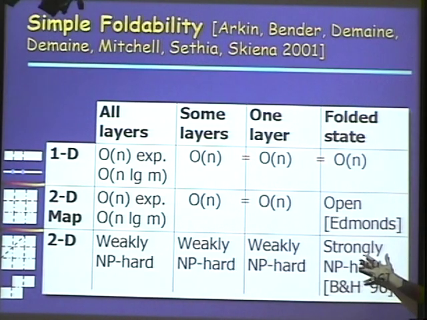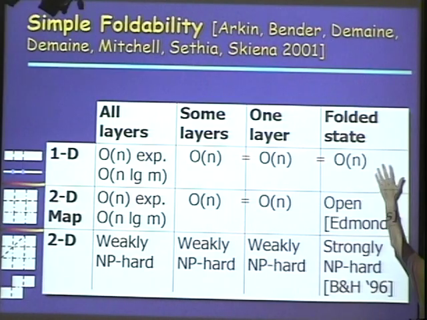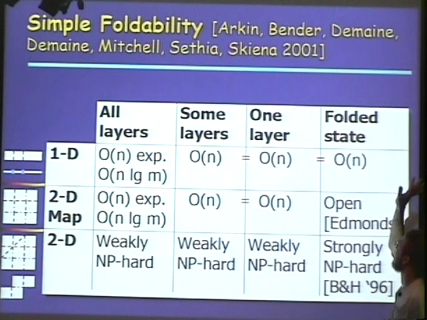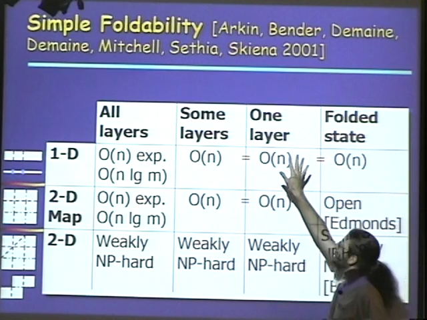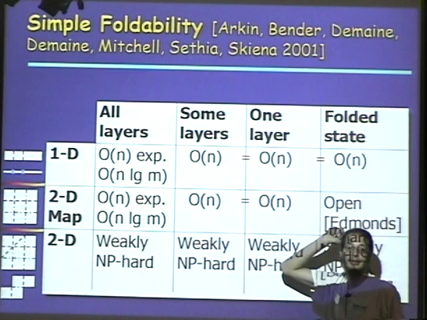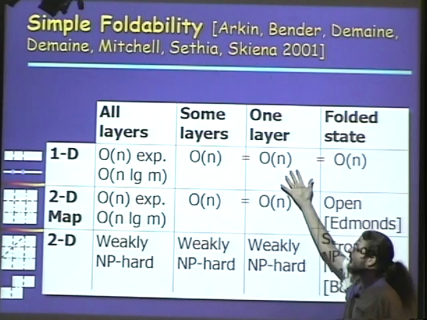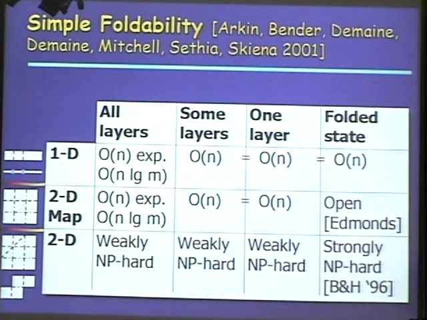In contrast, in one dimension, you can do it in linear time because folded states are equivalent to one-layer and some-layer foldability. So this is not obvious, but it turns out to be true. This is work with several other people.